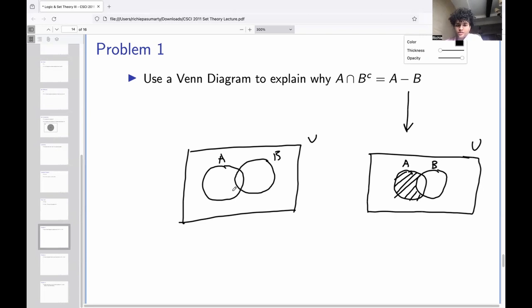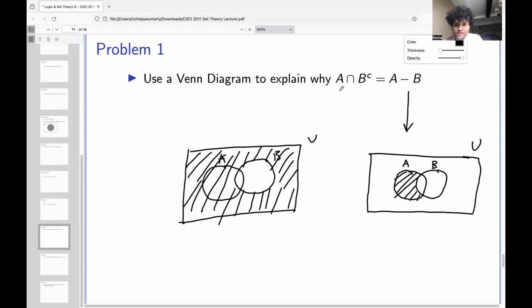All right, so this right here is B. So B complement is going to be the stuff which isn't B. So it's going to be everything but this region right here.